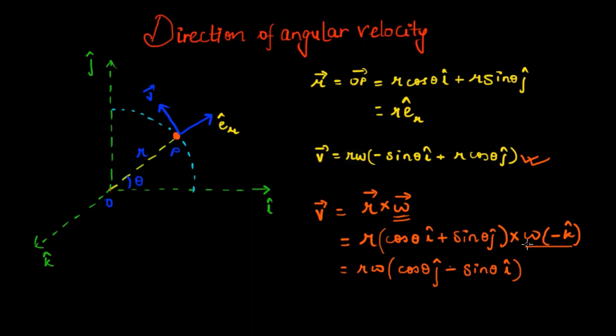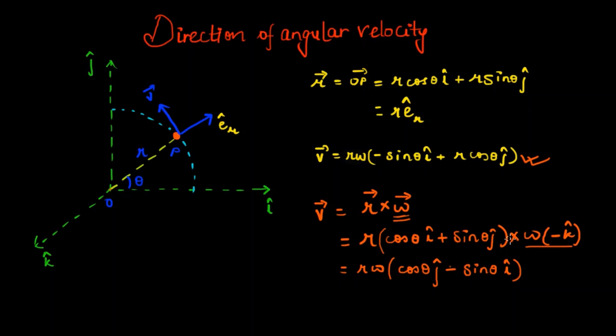So what we are saying is we are defining omega vector as omega times minus k cap, which means the omega vector, or the angular velocity vector, is perpendicular to the plane in which the object is moving in a circular path, and in this XYZ axis, the direction is minus k cap, right?